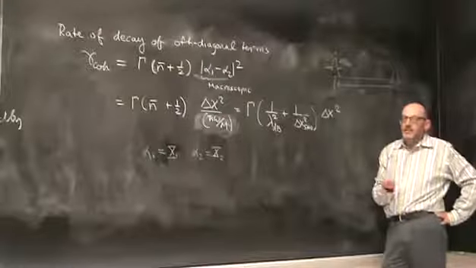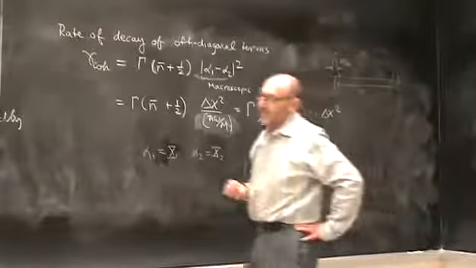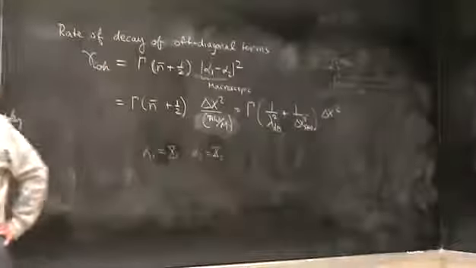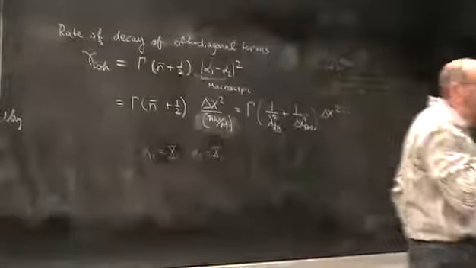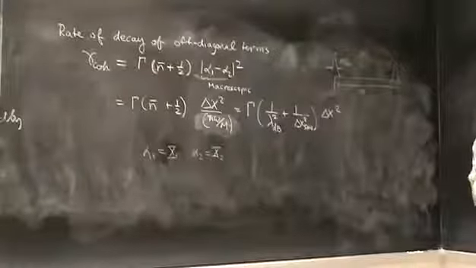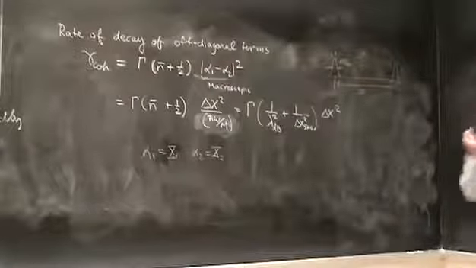What's different about decoherence versus the decay of energy out of the system is that if only one photon leaks out of the cavity, that's enough for me to distinguish these two states.